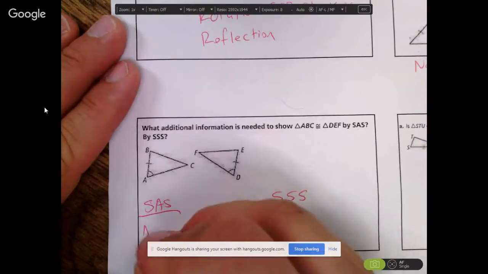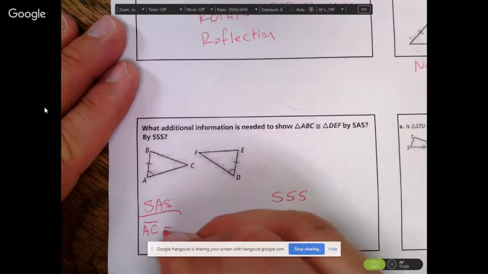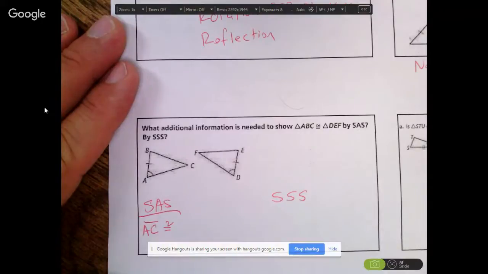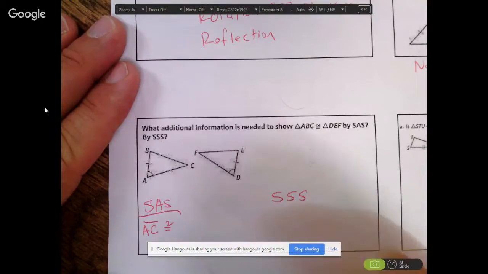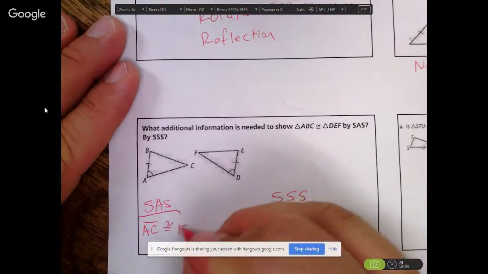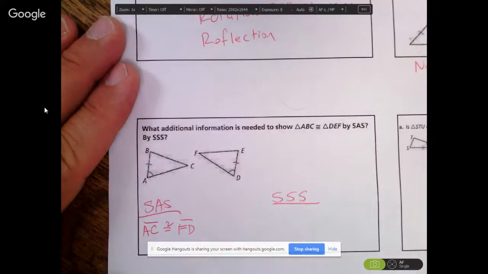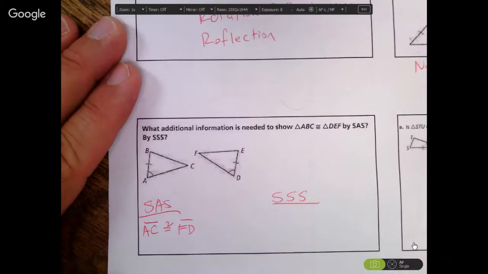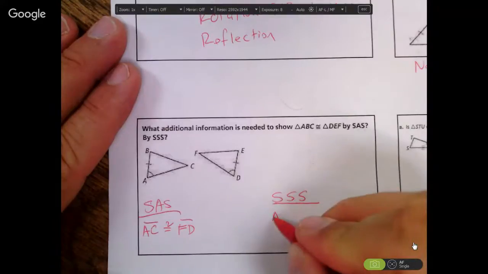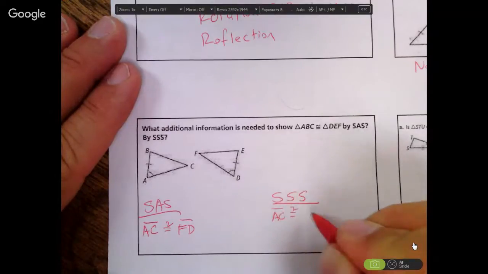I would need to know for this one that AC is congruent to FD. And for side side side, I would need to know AC is congruent to FD and FE is congruent to BC. So I would need to know those other sides.